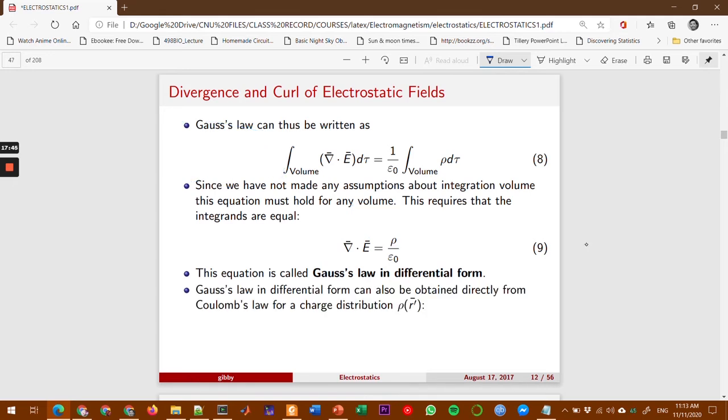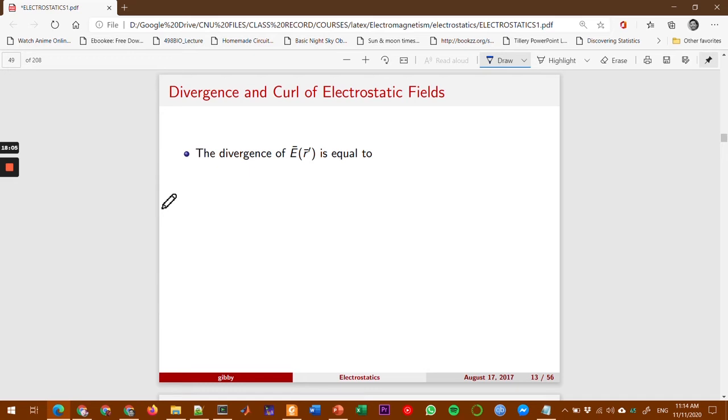So Gauss's law in differential form can also be obtained directly from Coulomb's law for a charge distribution. Given equation 10, using this Coulomb's law, we can get Gauss's law in differential form. So the divergence of E is equal to, we get the divergence of E. This is the formula for the divergence.